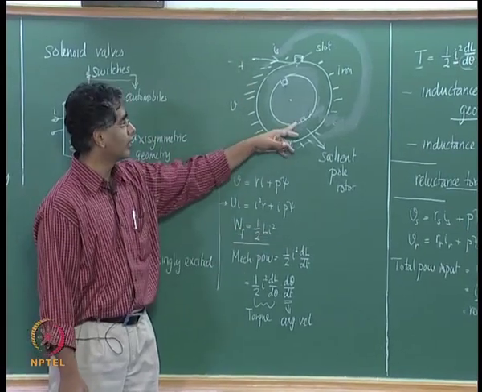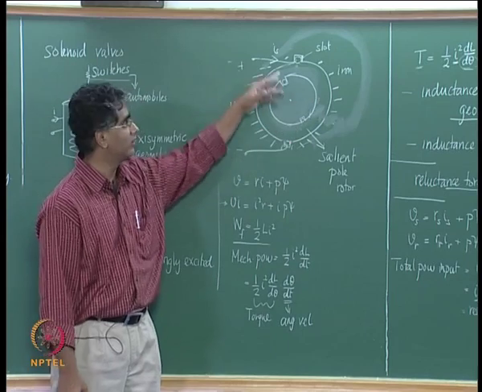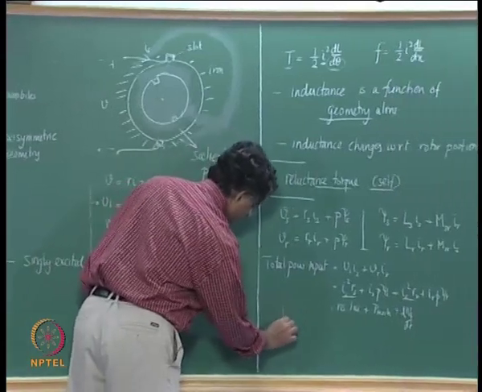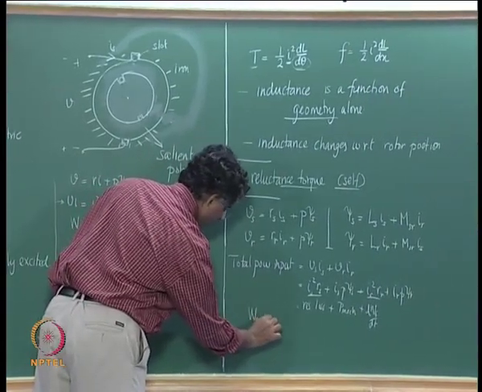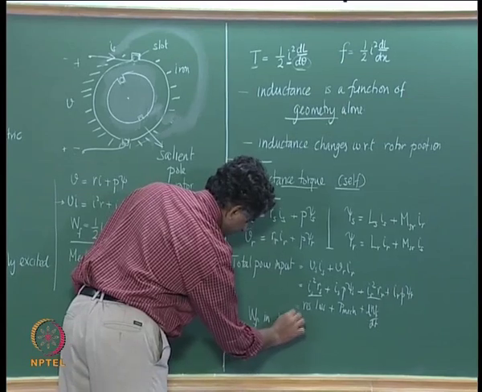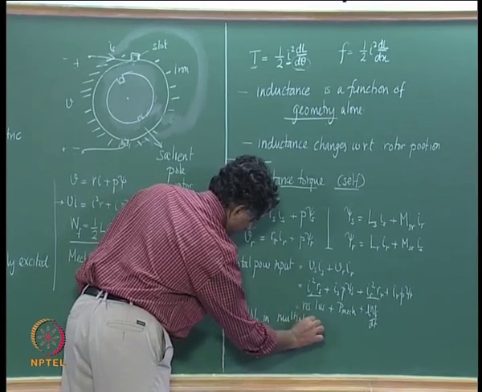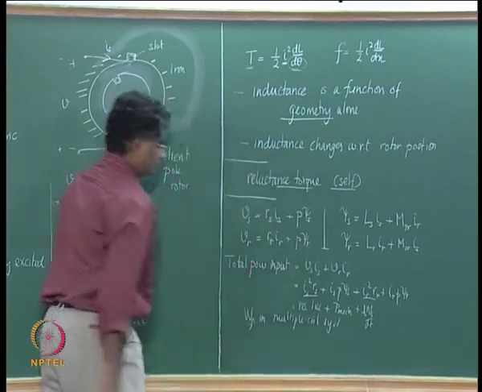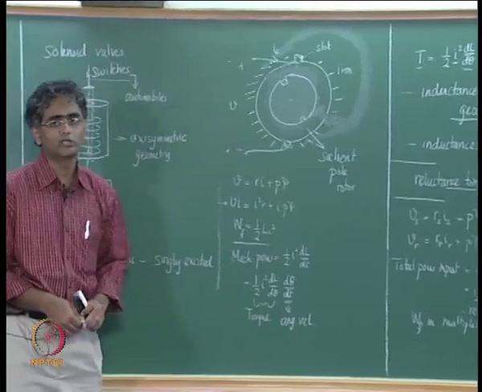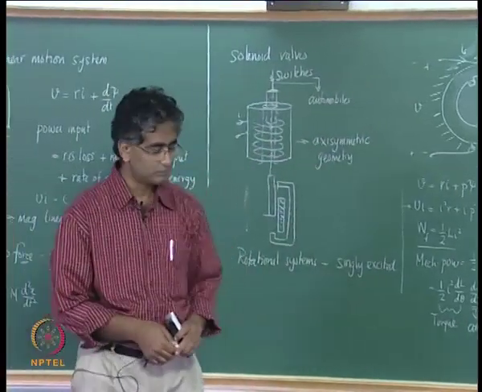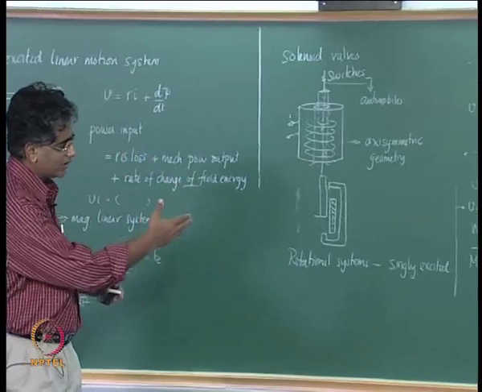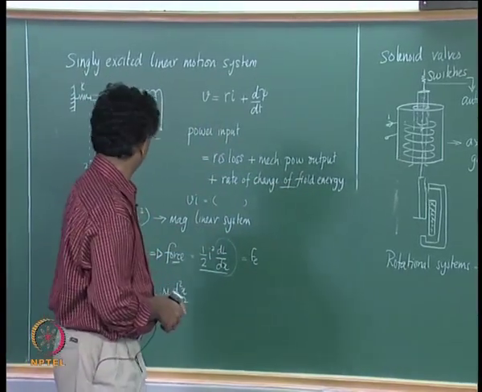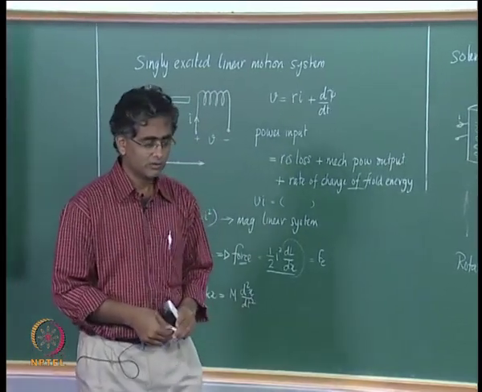But now you have a coil on the rotor and you have a coil on the stator, so we need to derive an expression for the field energy in a multiple coil system. When more than one coil is there, how do you get the field energy? Once we get that, we will be able to put it in and solve that expression. We will do that in the next lecture.